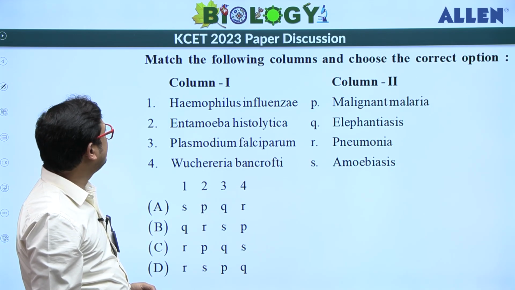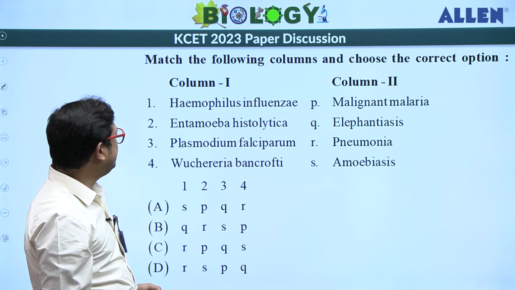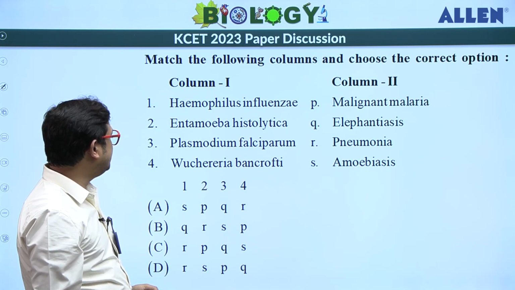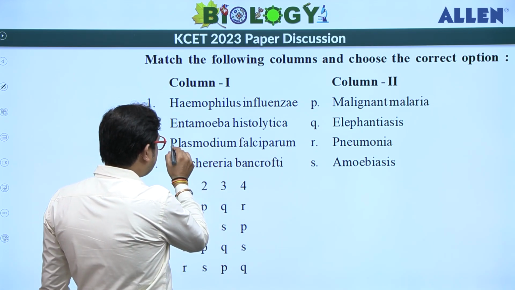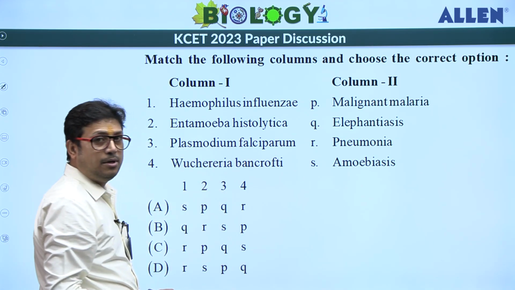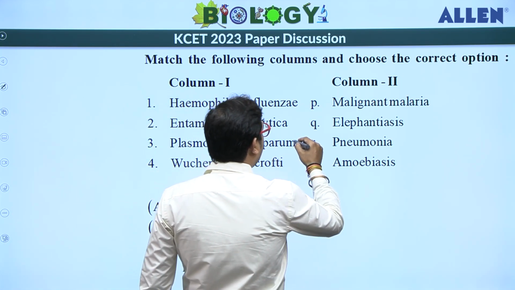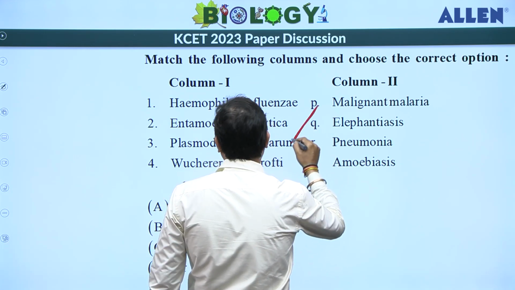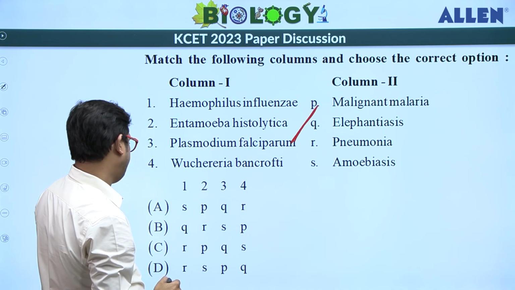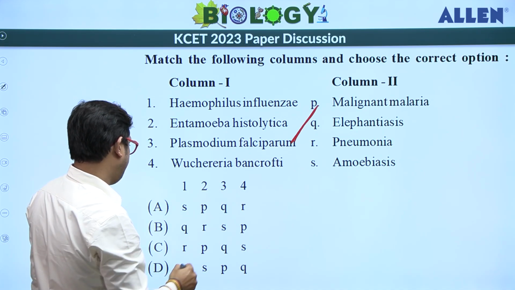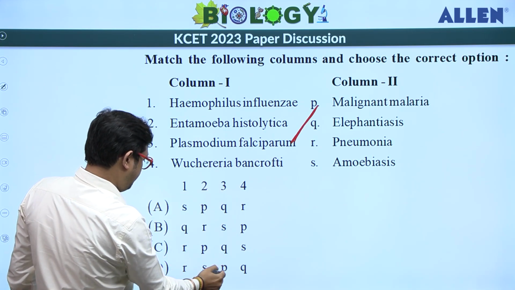Next, match the following columns. Haemophilus influenzae, Entamoeba histolytica, Plasmodium falciparum, Wuchereria bancrofti, malignant malaria. This seems to be easy. First, Plasmodium falciparum, it is causing what? Brain malaria. That is also called malignant malaria. So how many options are reading 3 is P? 3 is P, only one option.